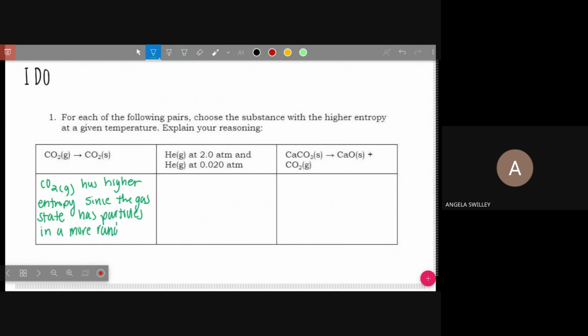And remember, more randomness means more entropy. It has a more random arrangement of molecules than the solid phase or state.